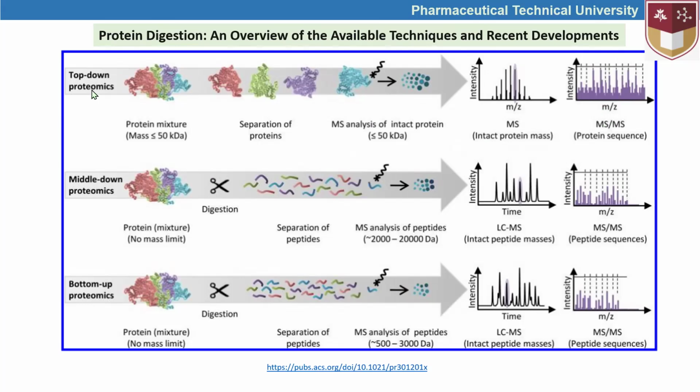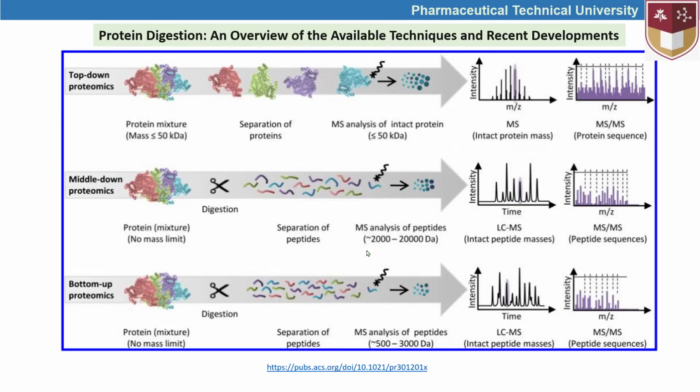So the first approach differs from the second one, middle-down proteomics, by the inclusion of digestion by using some enzymes. Here, the authors can use different enzymes to divide the proteins into smaller pieces, so then they could be studied mass spectrometrically.